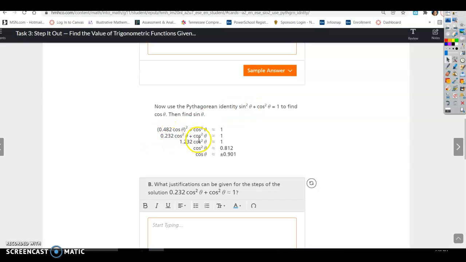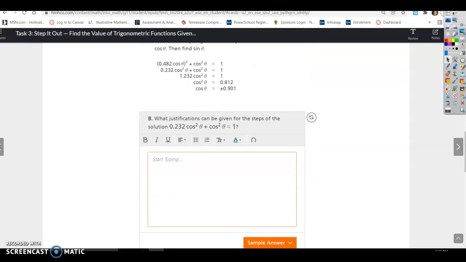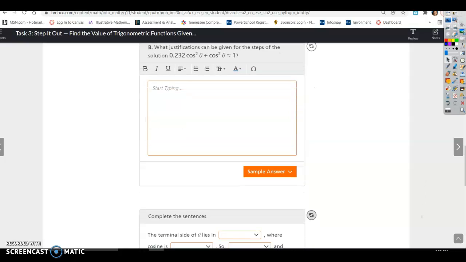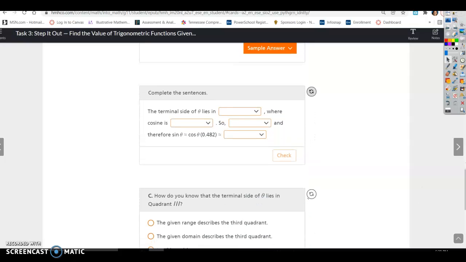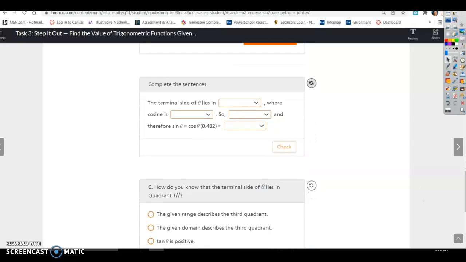And then all we did was solve from there, and the reason we did that is because you can solve when you only have one variable. We're thinking of cosine theta as one variable, where if we have sine plus cosine, two variables, you can't solve for that. So what we have to do is substitute to make that easier.